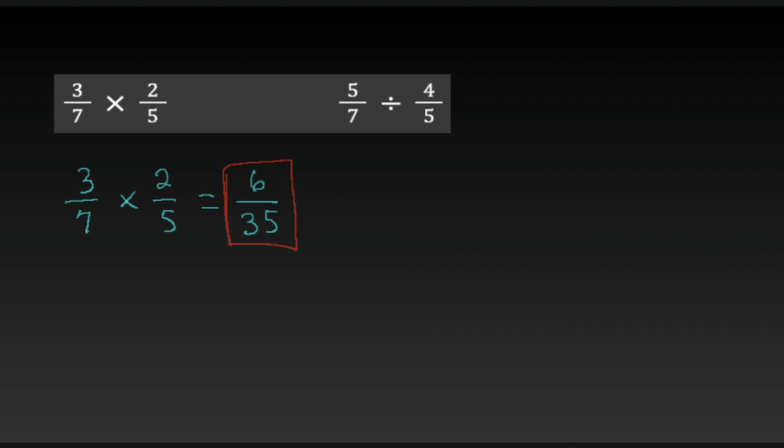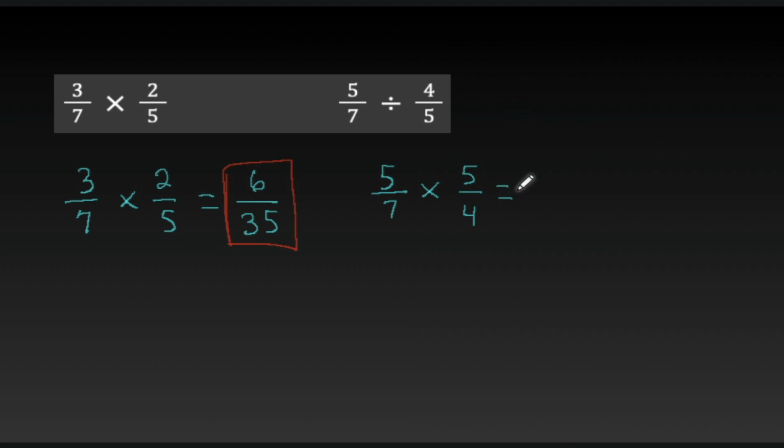Last but not least, we have 5/7 divided by 4/5. We're keeping the first fraction the same, changing the operation from division to multiplication, and flipping the second fraction. So 4/5 becomes 5/4. Again, I'm checking to see if there's anything that needs to be simplified. There isn't.